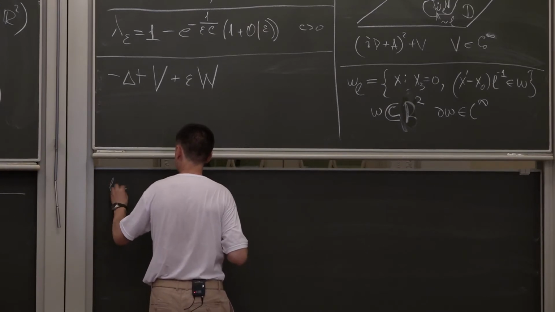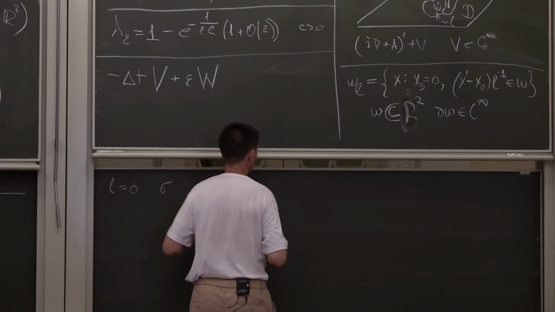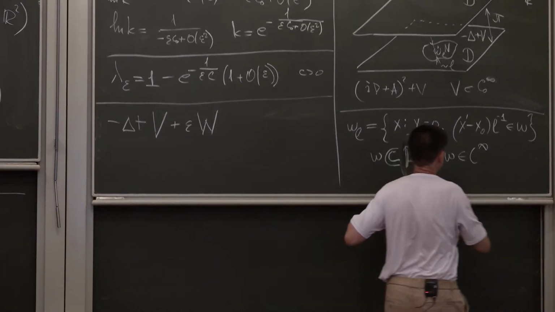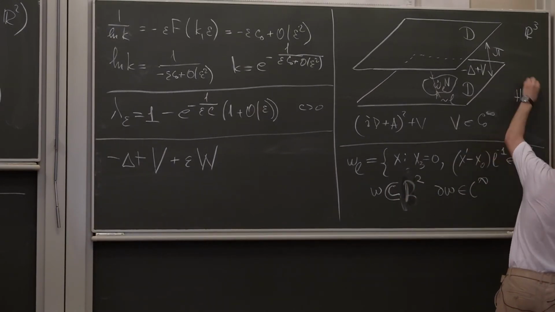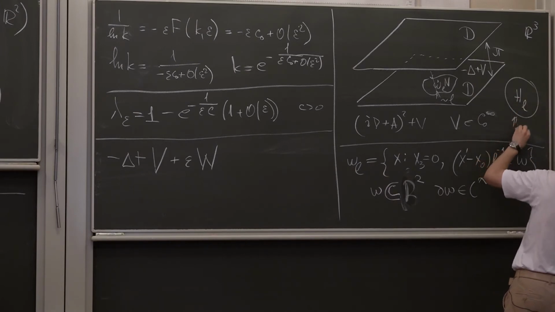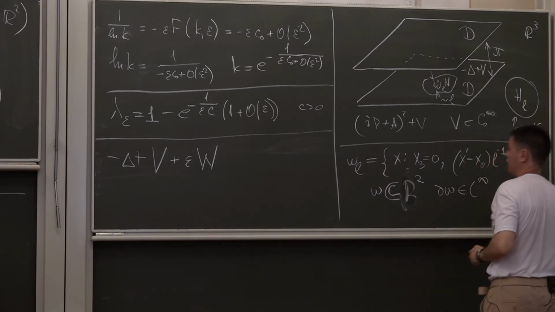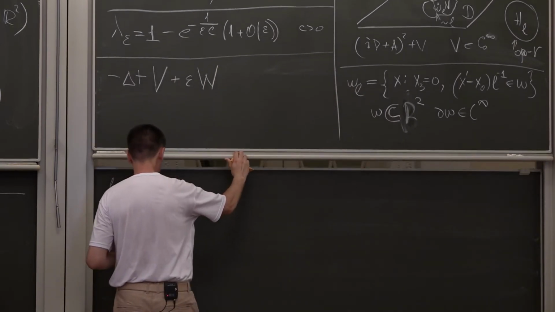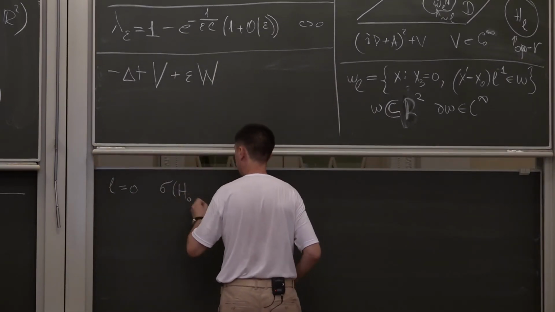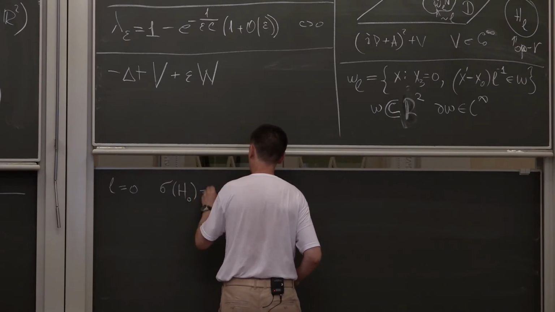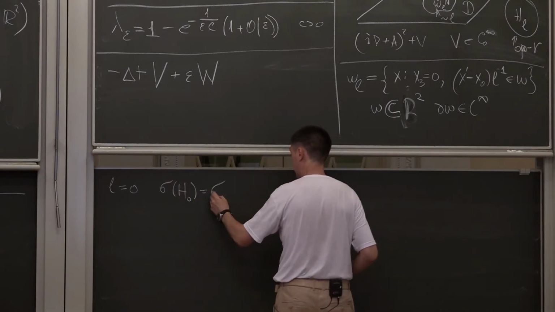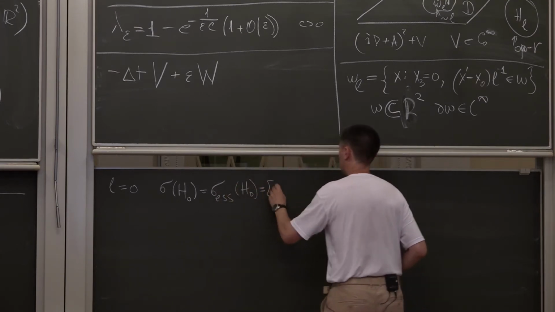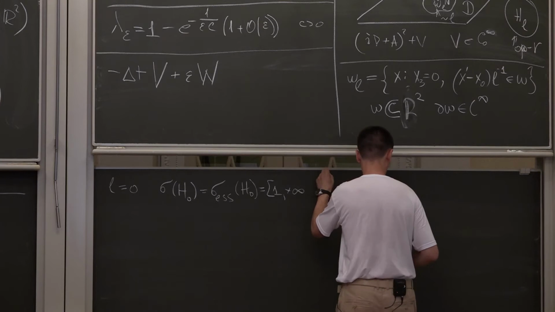Let this operator be HL. For L being 0, the spectrum consists just of its essential component, and this is a half line from 1 to plus infinity.